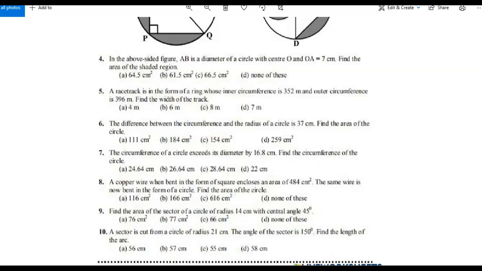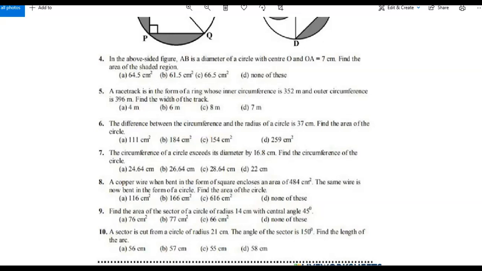And the value of r is actually, or it will be better if you write it in this form. Write it like 2 into 22 by 7 into r minus r is equal to 37. Now calculate the value of r.